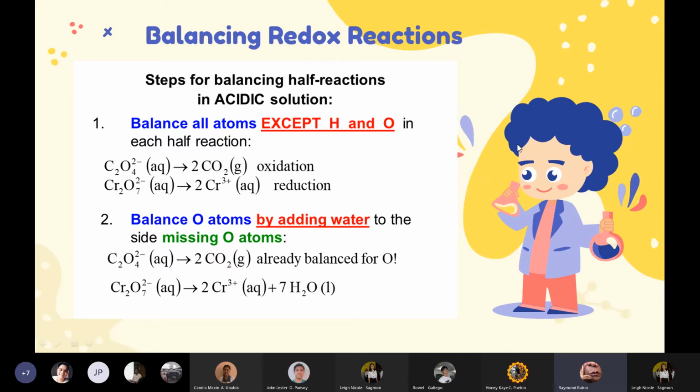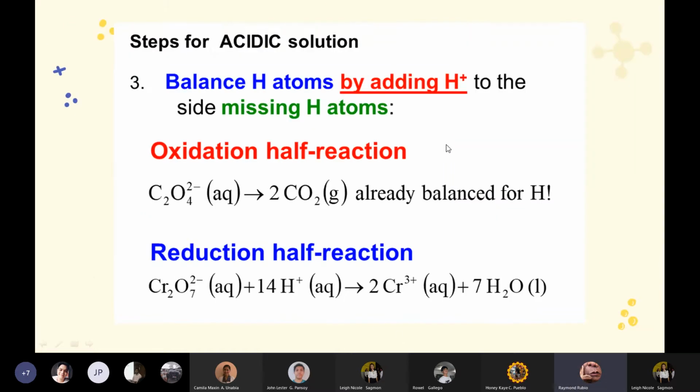Okay ra so far? Next slide, please. So the third step is to add H plus ions to the missing H atoms. So again, C2O4 with a charge of -2 is already balanced for H, kaya wala siya hydrogen.